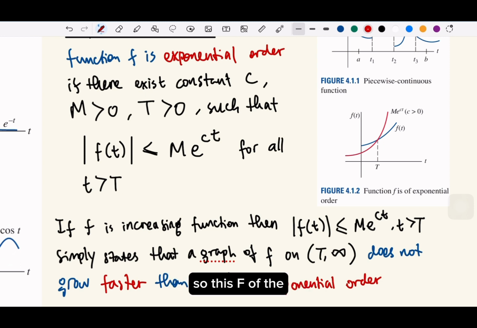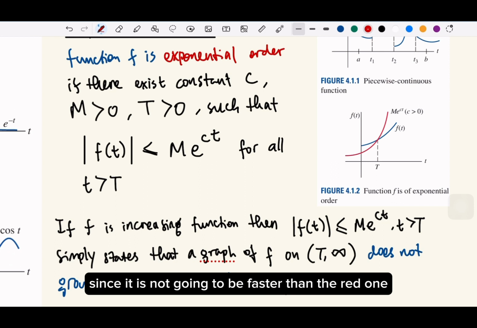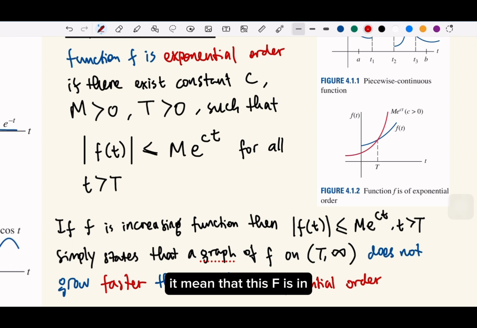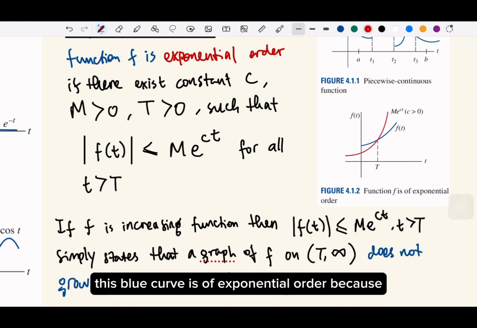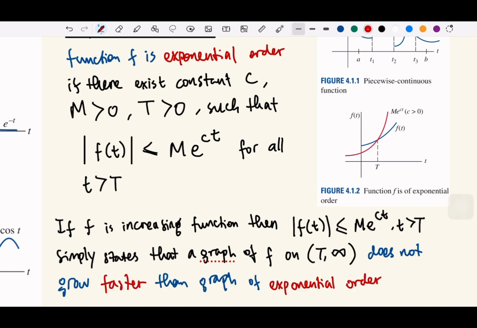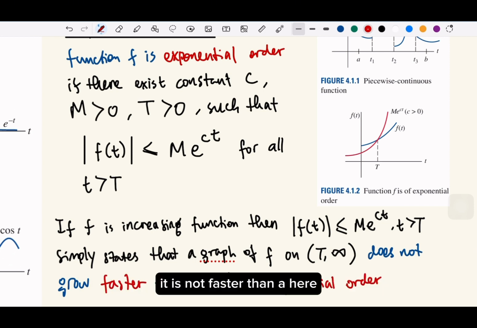So this f of t, the blue one, is not going to be faster than the red one, which means f is of exponential order. So we say that the function f, this blue curve, is of exponential order because it is not faster than the red curve.